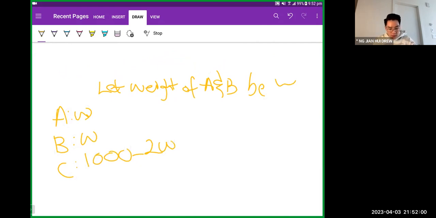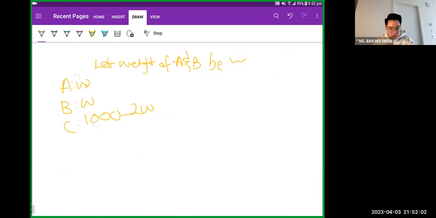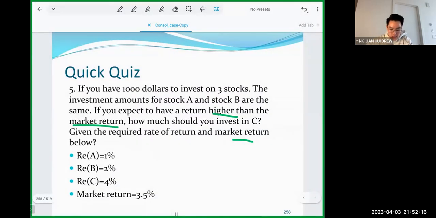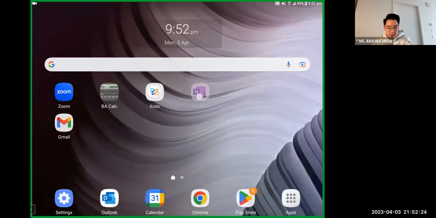So what do we do now? We can equate the weight multiplied by the returns. Let me jump back to the slides here. So we have the expected returns. What we can do is equate the weight times the returns.